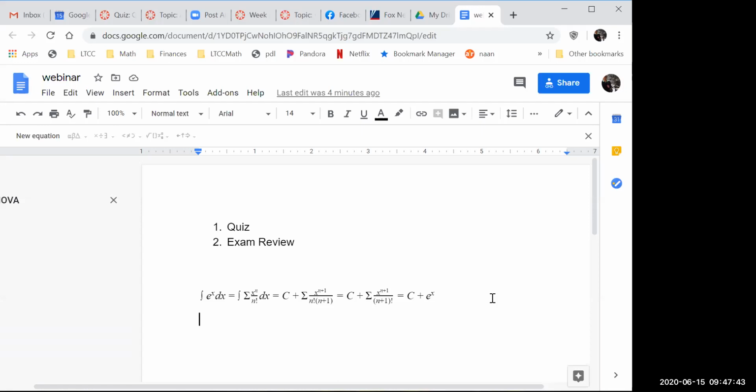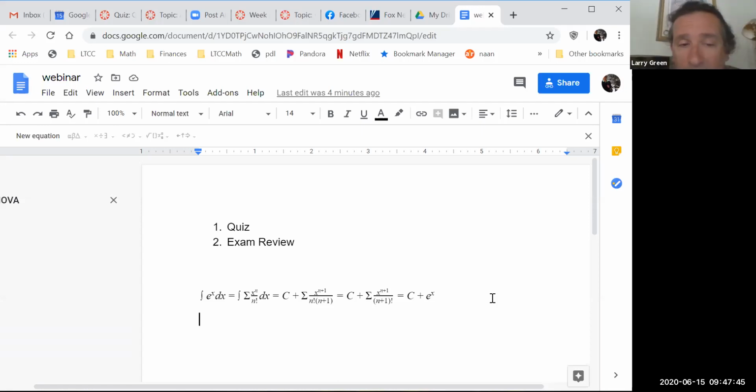The second approach is to take a series that you already know and then adjust it. So things like geometric series, or e to the x, the sum of x to the n over n factorial, or sine of x. The sine of x was the sum of negative 1 to the n times x to the 2n plus 1 over 2n plus 1 factorial.